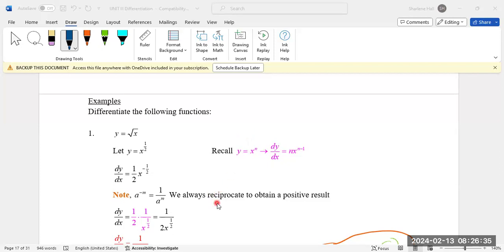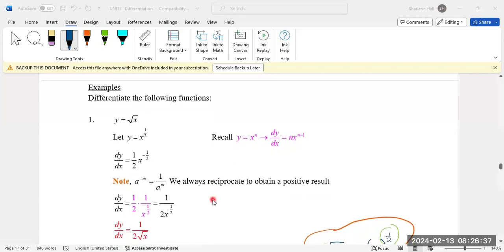All right? So remember again, we don't leave our answer as a negative index. We always try to leave it as a positive index. So what we're going to do right here now is reciprocate in order to get a positive result. So watch me. This x to the negative a half in the numerator, if I put it in the denominator, it's going to be positive a half.